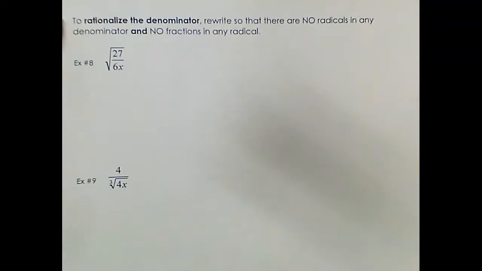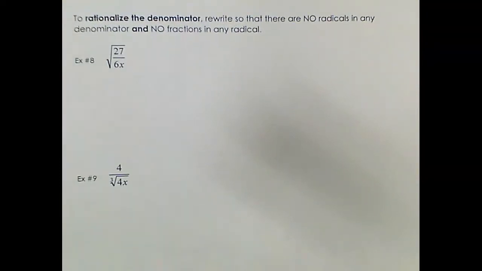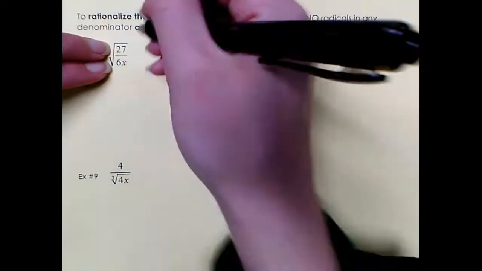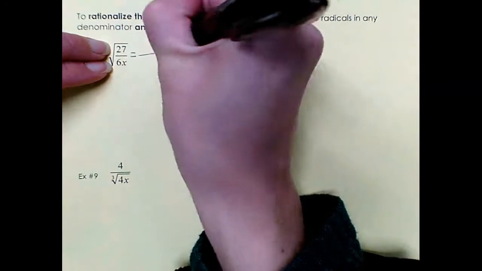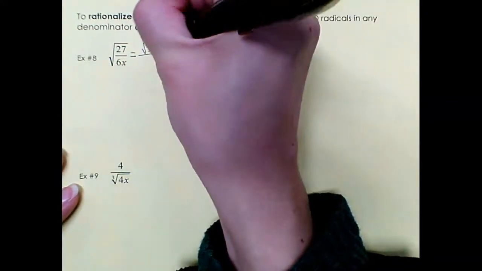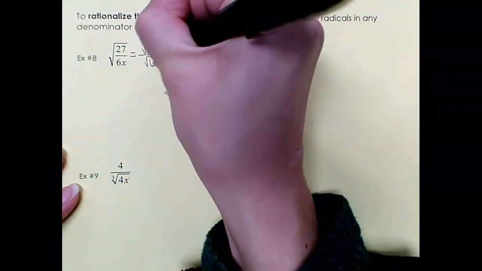So to rationalize the denominator, rewrite so that there are no radicals in any denominator and no fractions in any radical. So we have several issues in these 3 problems. In the first one, I have a fraction that's underneath the radical. So I need to take care of that. How am I going to do it? I give the radical to the top and to the bottom.